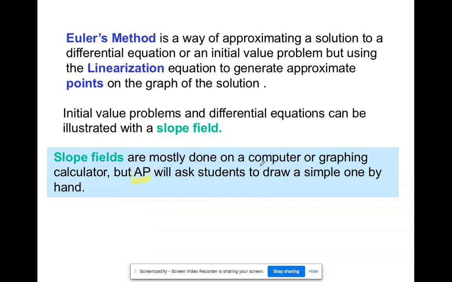They're either going to ask you to draw a very simple one yourself by hand, or they're going to ask you to interpret a given one. Okay, so those are the two things that we're going to teach you how to do: draw a simple one by hand, and what to talk about if they ask you to interpret a slope field.